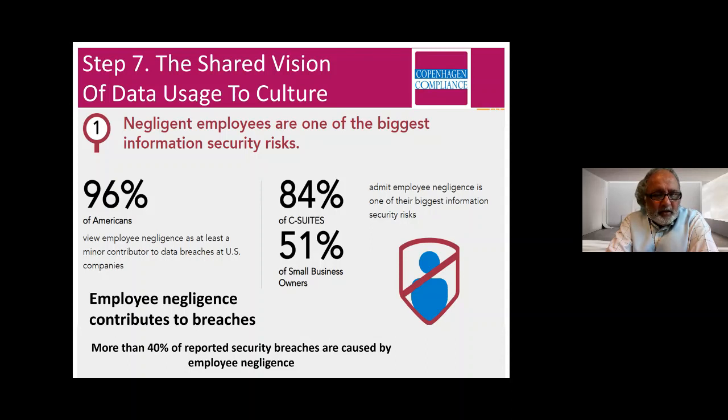And here are some statistics which are quite alarming, which prove that employee negligence contributes to a lot of breaches. And of course, if it is due to employee negligence, then the technical installations, the technical systems will not help much.